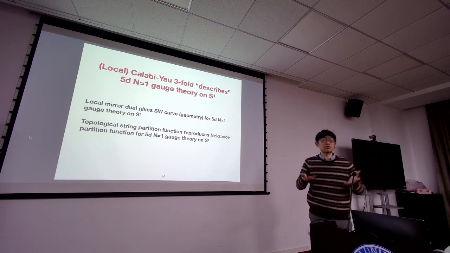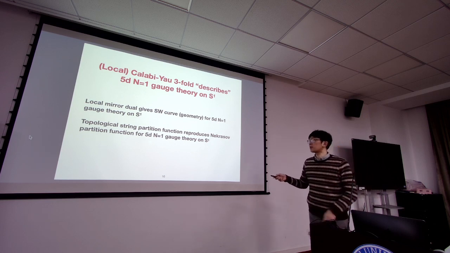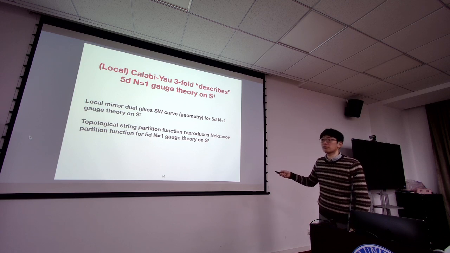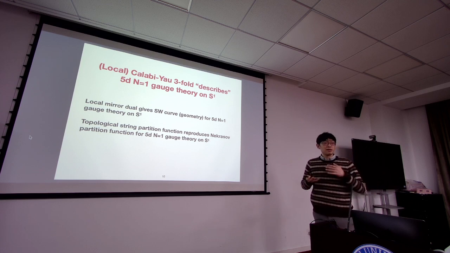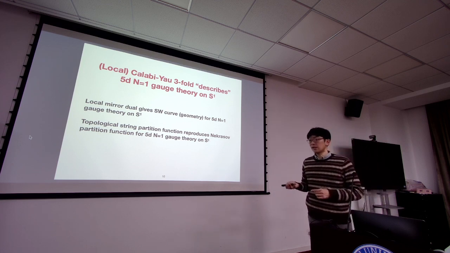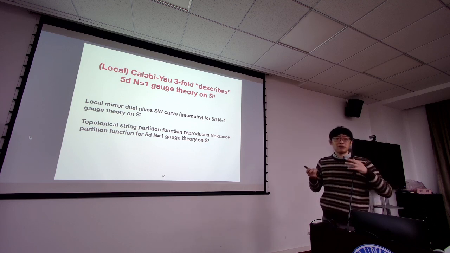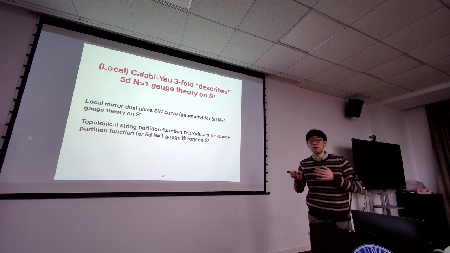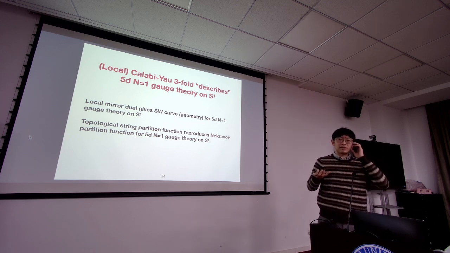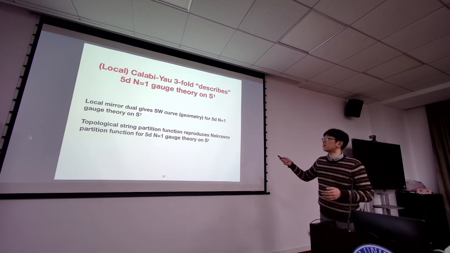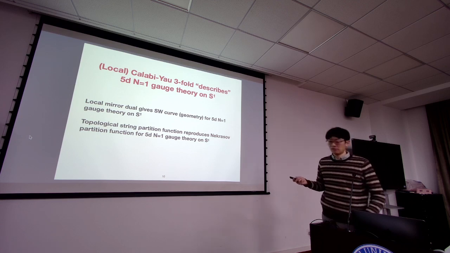If we consider the topological string partition function on a Calabi-Yau threefold, what we obtain is the Nekrasov partition function for 5D N=1 gauge theory on S1, rather than the Nekrasov partition function of 4D N=2. So whenever we consider the geometric engineering approach and Calabi-Yau compactification to describe SUSY gauge theory, what naturally appears is the 5D gauge theory on S1. This is one of the motivations why I'm interested in 5D on S1.